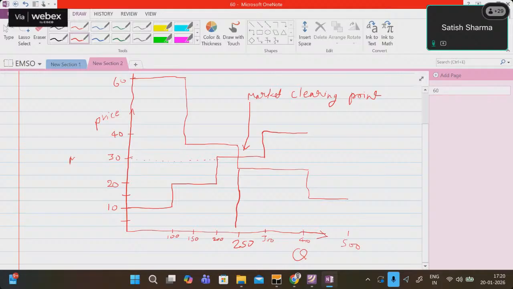So the market clearing price is equal to 30. Is this okay with everyone? We have understood this. Okay, so 30 is the market clearing price and 250 is the market clearing quantity.